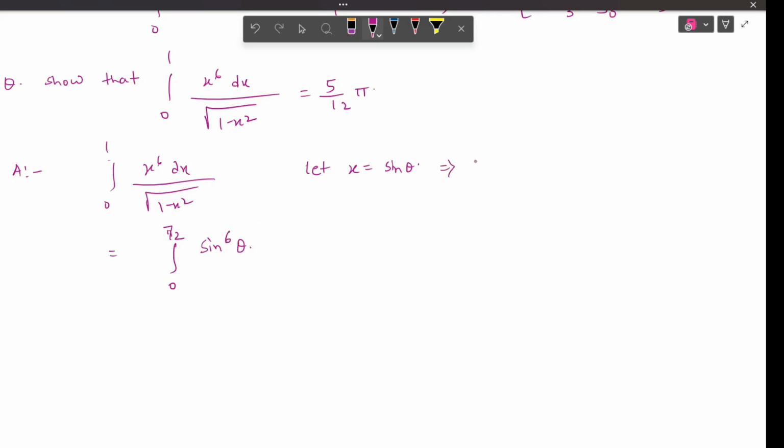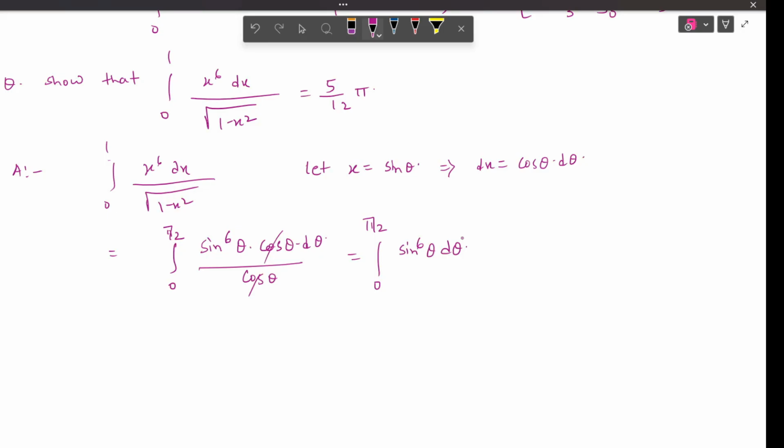If you differentiate, dx equals cos theta d theta, so you will write cos theta d theta. Square root of 1 minus sin square theta is the square root of cos square theta. Square and square root will cancel out. It will be cosine of theta, which will cancel out. So you got integration 0 to pi by 2 sin to the power 6 theta d theta.